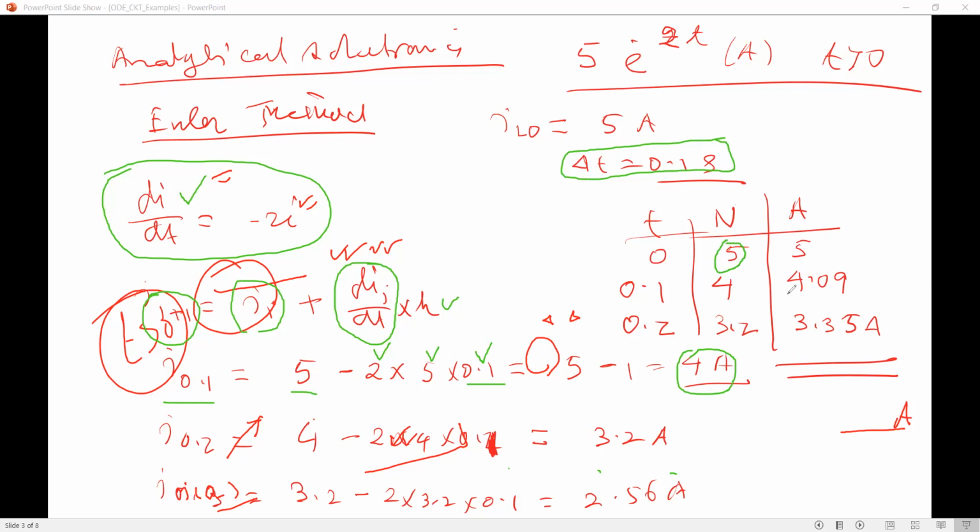So you can easily calculate the difference or error at this time step. Okay, fine. Then at 0.1 second, our current is known to us as 4 ampere, and we go to our next time step.